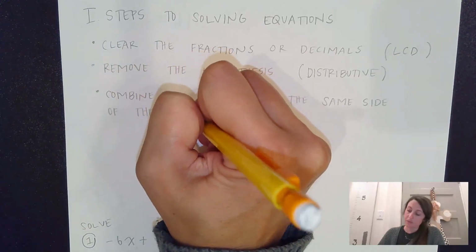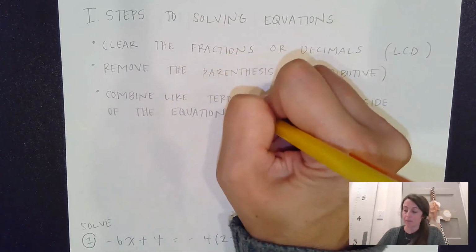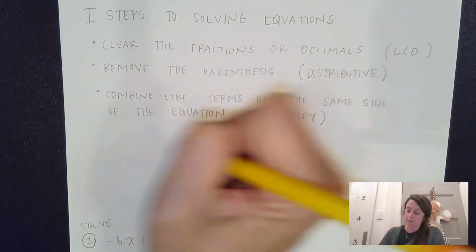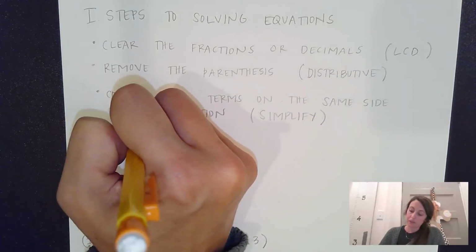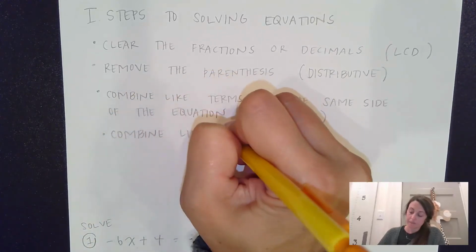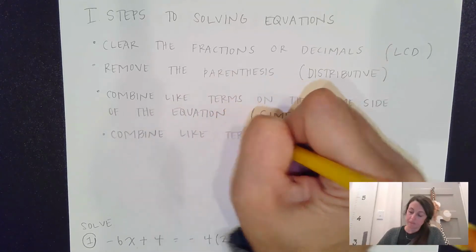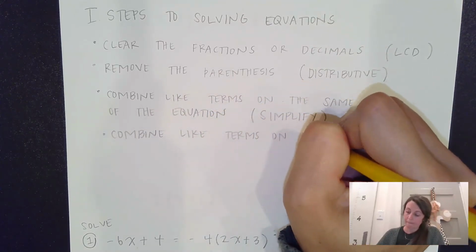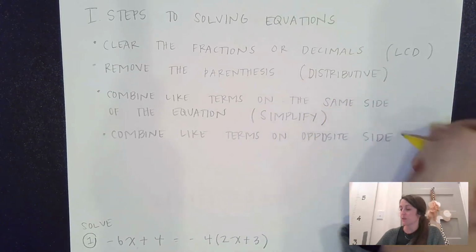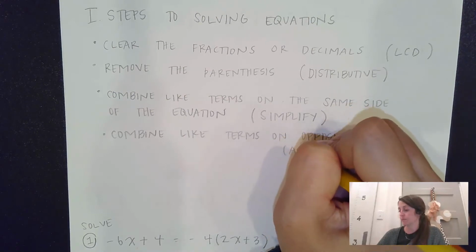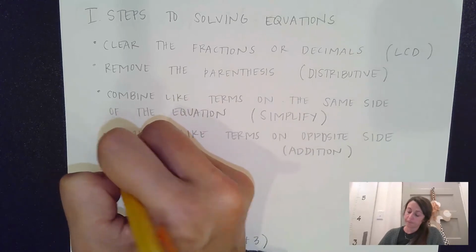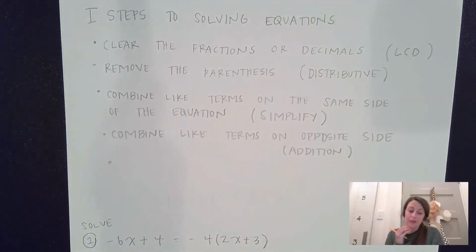So when they're on the same side of the equation, basically you're just simplifying. Then you want to combine like terms on opposite sides. That's the addition property. And then you are going to isolate the variable.